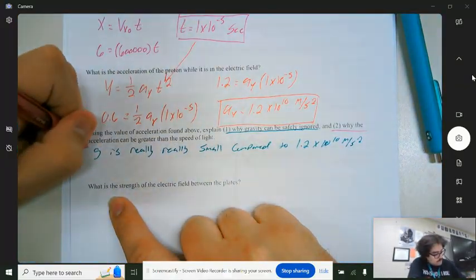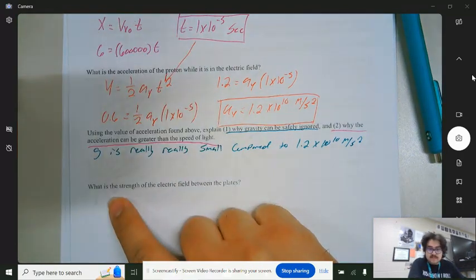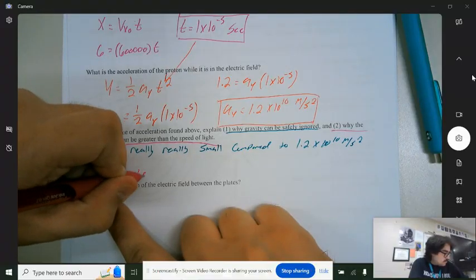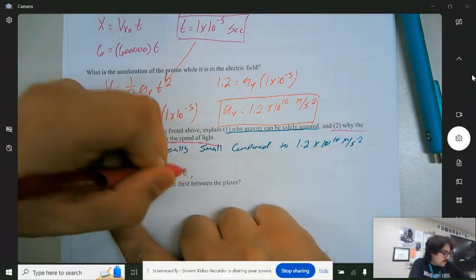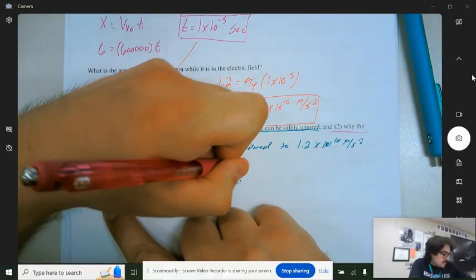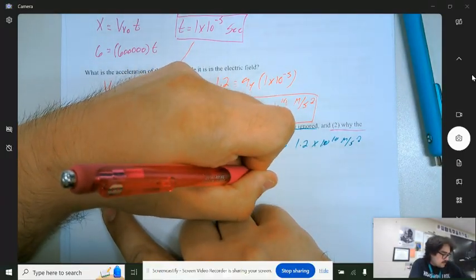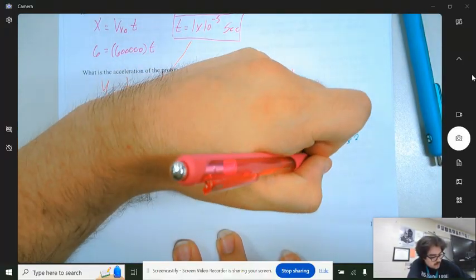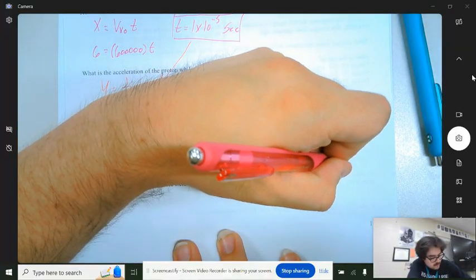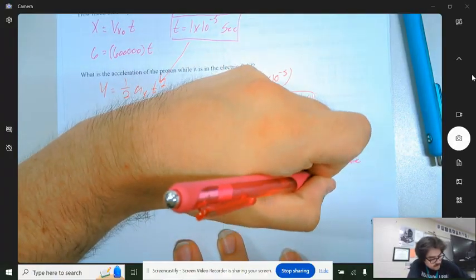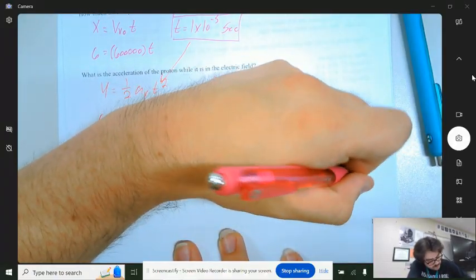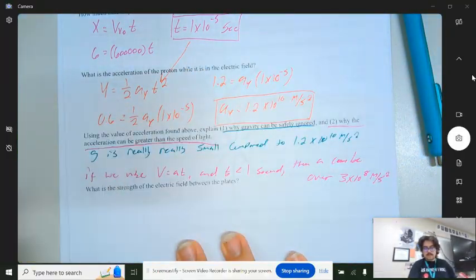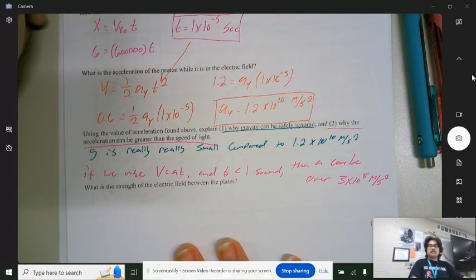And why can acceleration be greater than the speed of light? Well, if we use v equals at, and t is less than 1 second, then acceleration can be over 3 times 10 to the 8th meters per second squared.